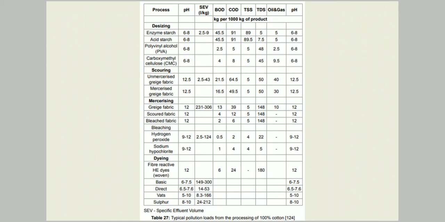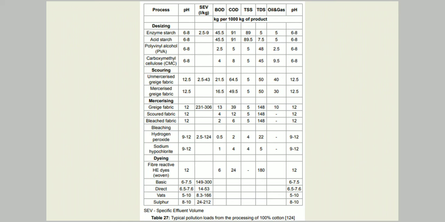So first the process is desizing, where we use water. In desizing, the sizing material is removed, mostly starch is used as the sizing material. So enzyme starch is obtained in the effluent. The pH is around 6 to 8 and the effluent volume is about 2.5 to 9 liters per kilogram.